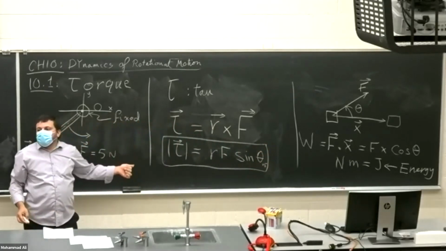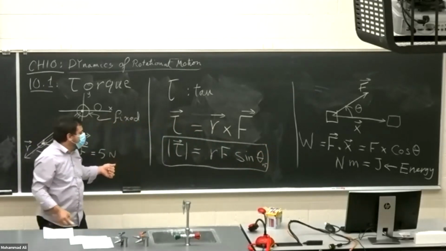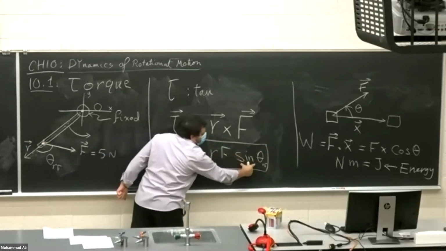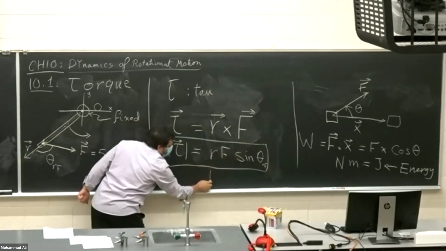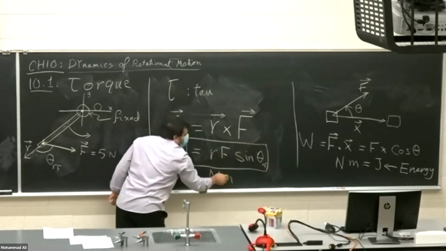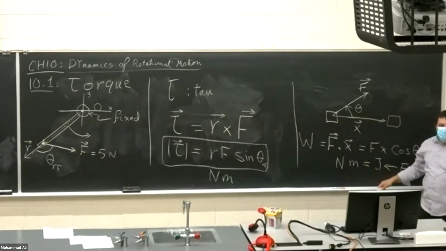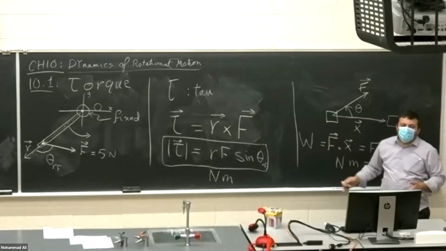What is the unit of torque? It is newtons multiplied by meters, and sine has no unit. So it is newton meter, and the work is also newton meter. But they are different quantities.